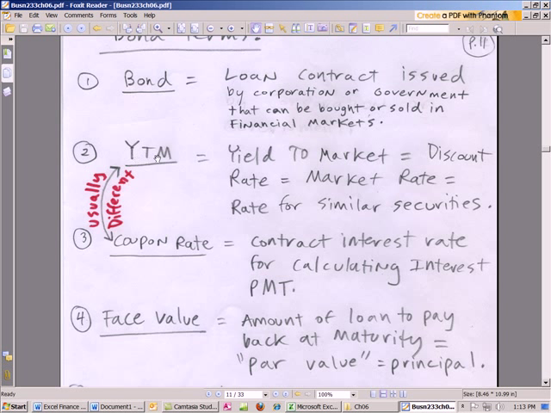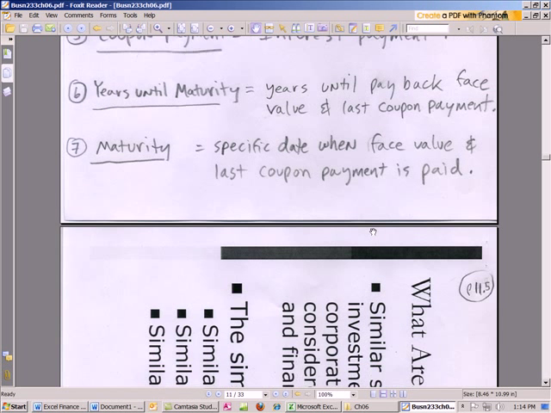All right, but this one's different. Yield to market. This is the rate we use to discount our future cash flows. The market rate. Market rate is the rate for similar securities. So if you are a corporation, you would look out there at similar corporations and look at what their rates are, right? I have a slide.